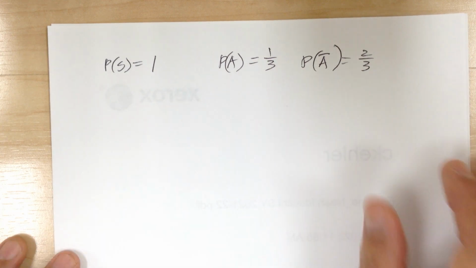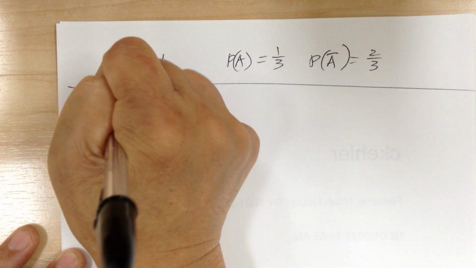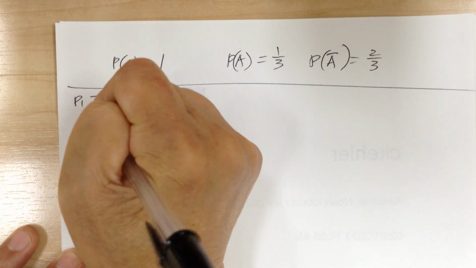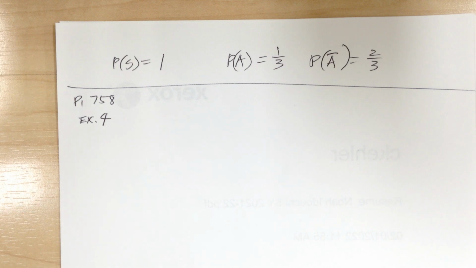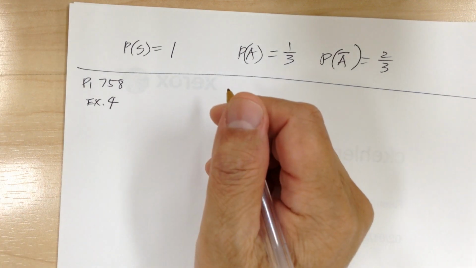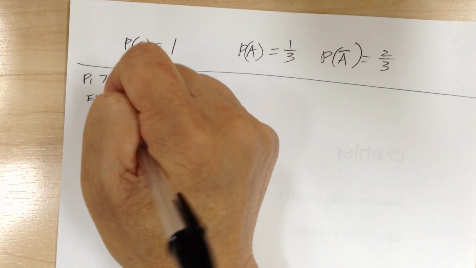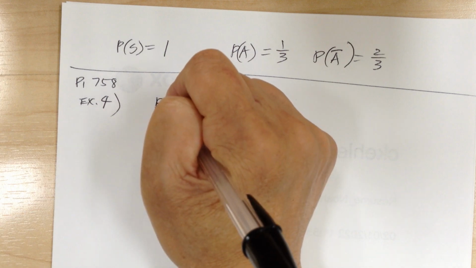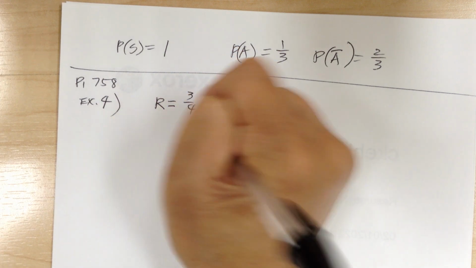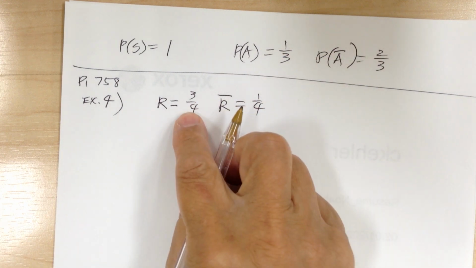And so let's go to example 4 using this. It says based on the past performance in a school band, the probability that Ryan gets selected is 3/4.